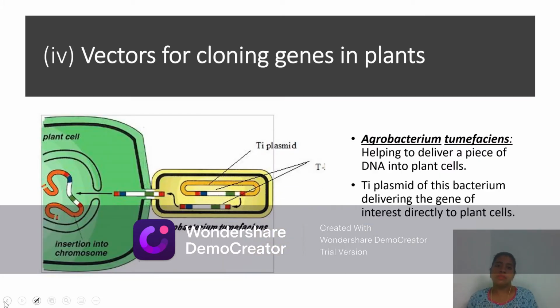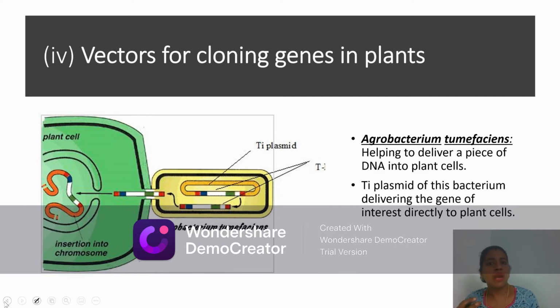So till now we were discussing the features of a vector and the various kinds of vectors. We said that plasmids can carry this much, cosmids, bacteriophages and bacterial artificial chromosomes can carry this much, yeast artificial chromosomes carry even more, over hundreds of kbs. Once it comes to higher organisms like plants, we have to choose some other vector, since the complexity of the cell is increasing.